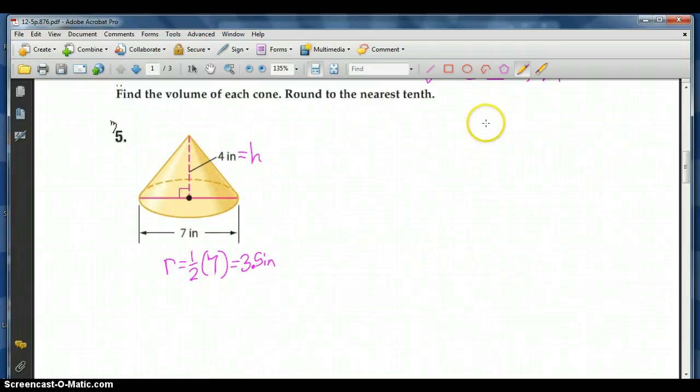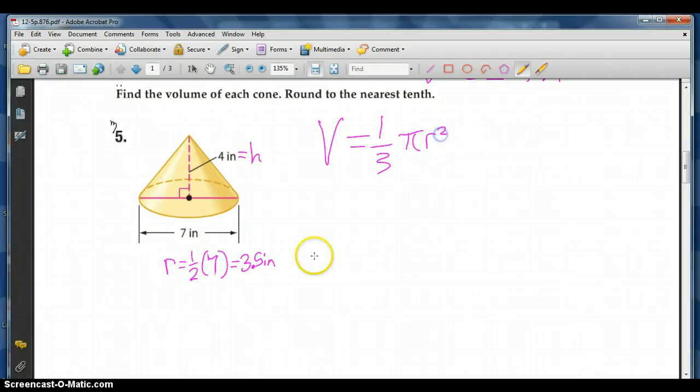For number 5, we want to find the volume of the cone and round to the nearest tenth. So our formula for volume of a cone, similar to volume of a pyramid, is 1/3 area of the base. Well, since our base is a circle, our area of a circle is pi r squared. And then we want to take that times the height.